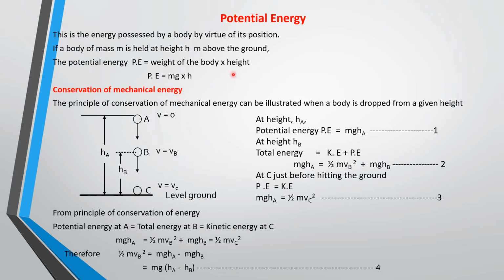Okay, so we have talked about kinetic energy, and we said that kinetic energy is the energy possessed by a body due to its motion, as a result of its motion. Is that okay? Now potential energy is the energy possessed by a body by virtue of its position. So which means that as you are seated on your chair listening to this class, what you possess is potential energy.